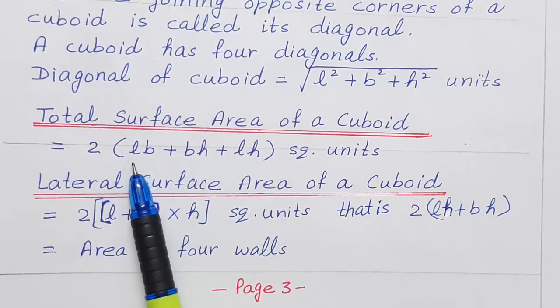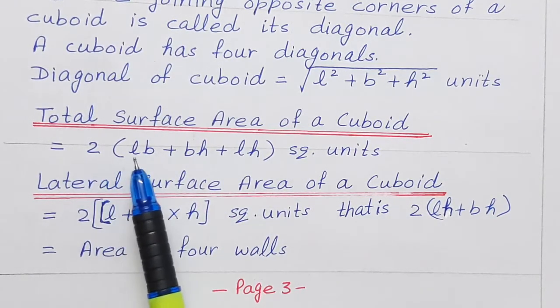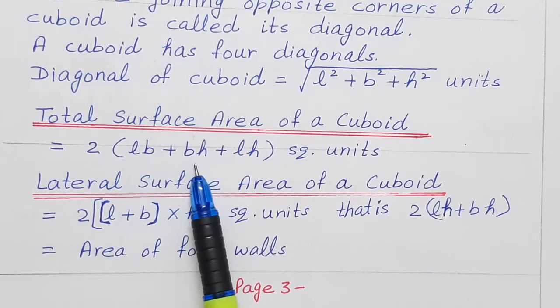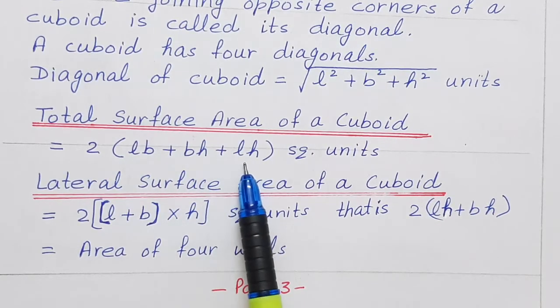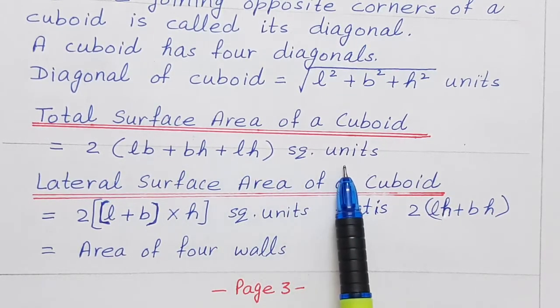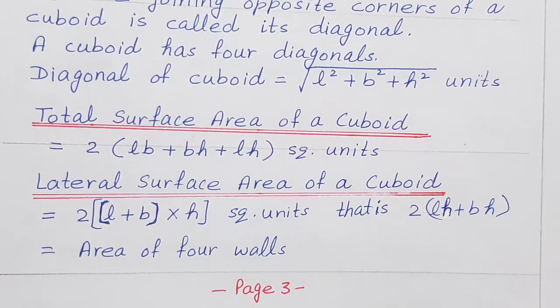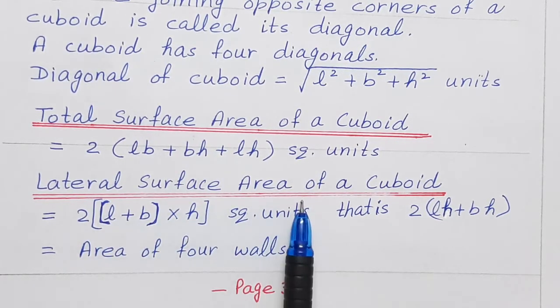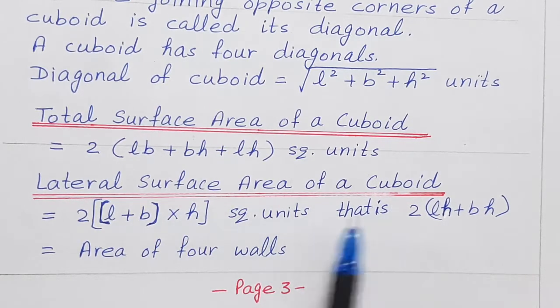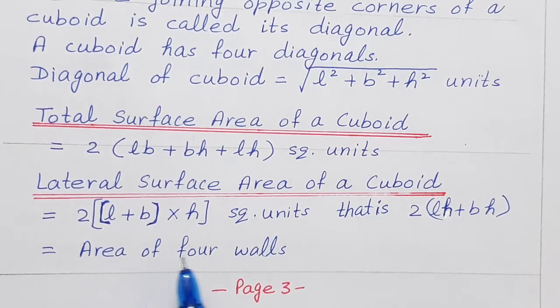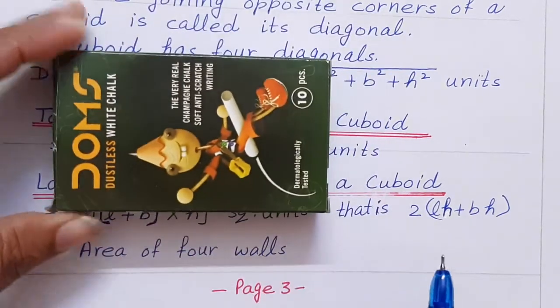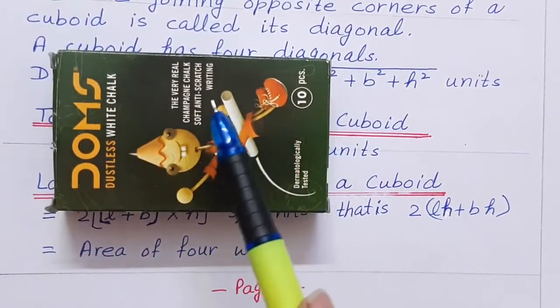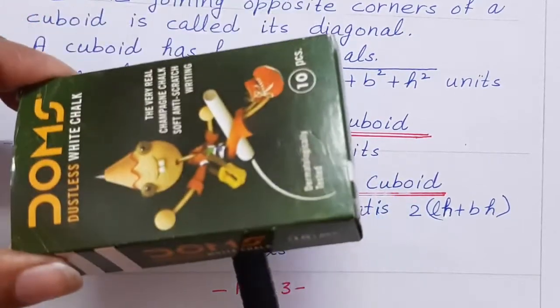So the total surface area is 2 times LB plus BH plus LH square units. Clear? Now, if we want to find the lateral surface area of a cuboid, that is the area of 4 walls, we will not take the top and the bottom.